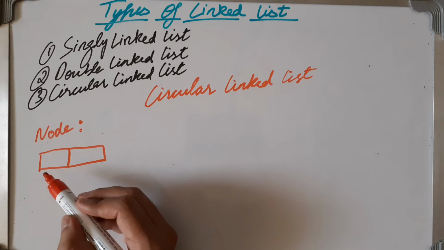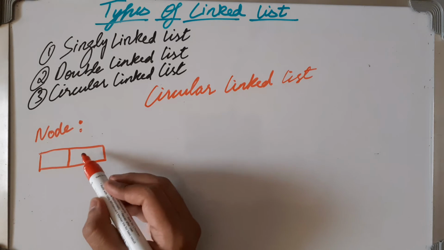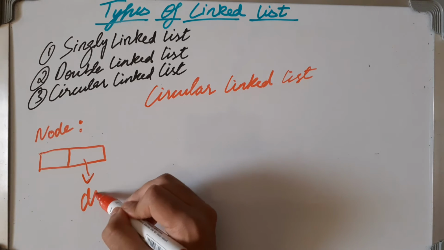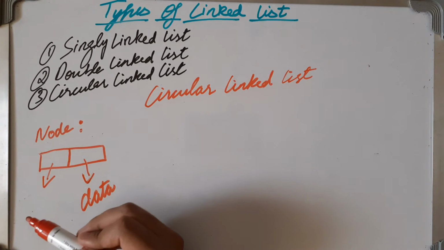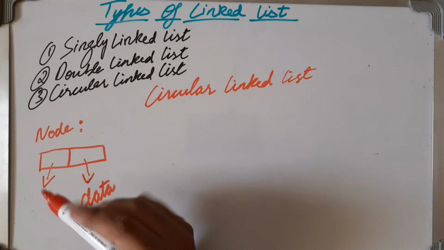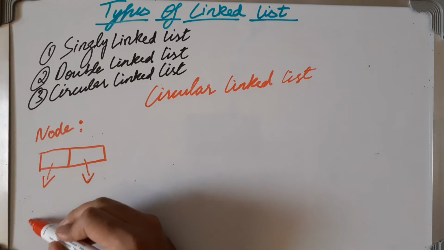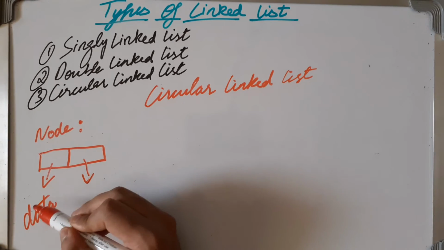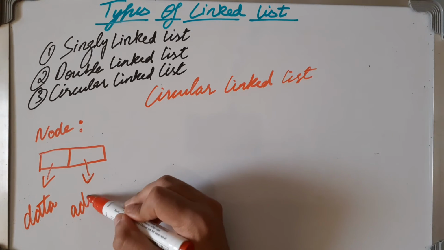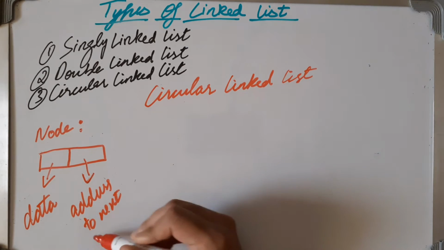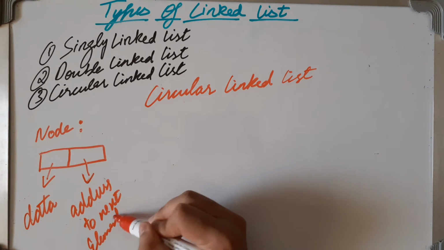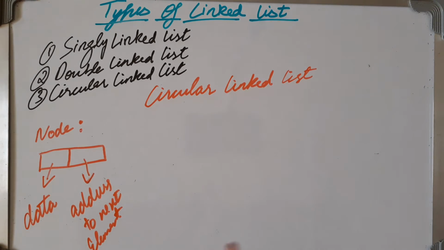It is having data and the address to the next element. Okay, it is having two parts. A double linked list is having three parts.